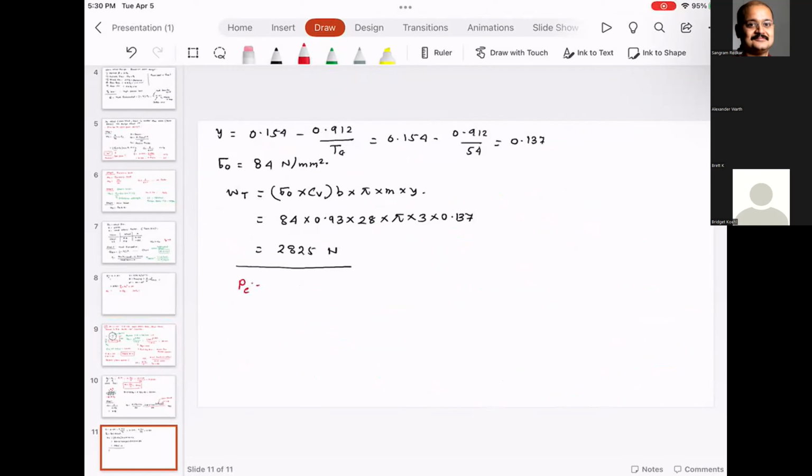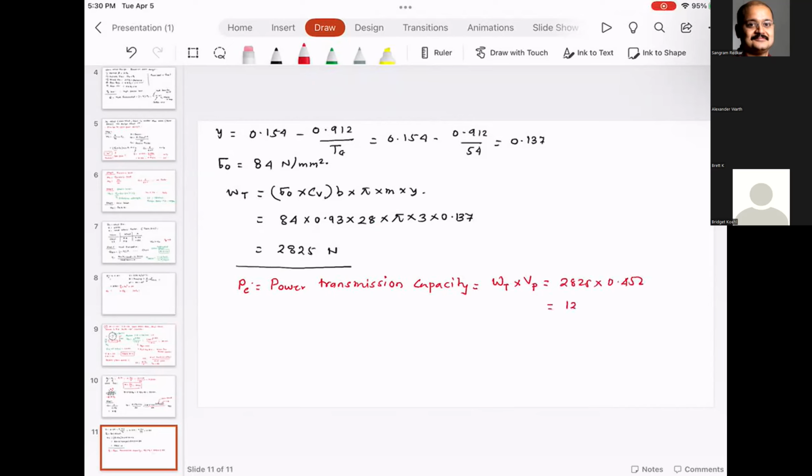So Pc, which is power transmission capacity, is Wt multiplied by Vp, which is 2825 times 0.452.